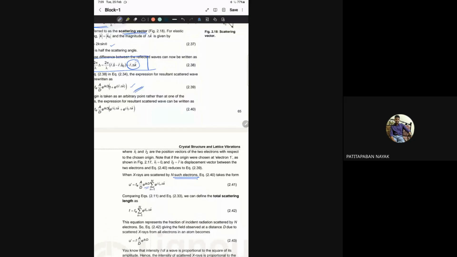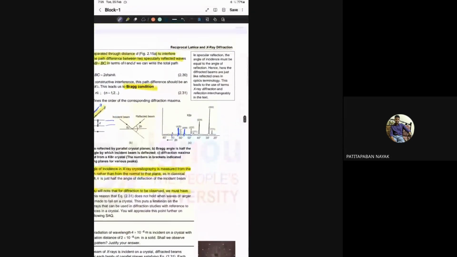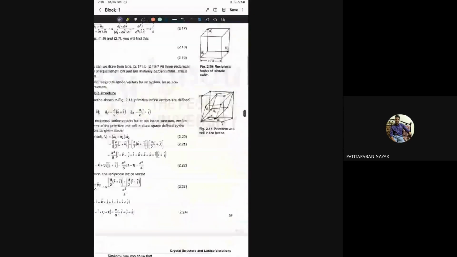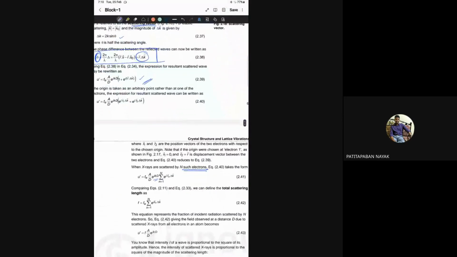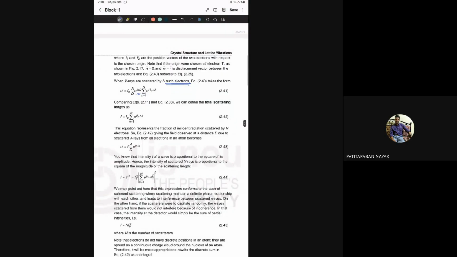So comparing equation 211 and equation 33, we can define the total scattering length F, which is equal to f0 times the summation of e to the power i Rn dot delta k.